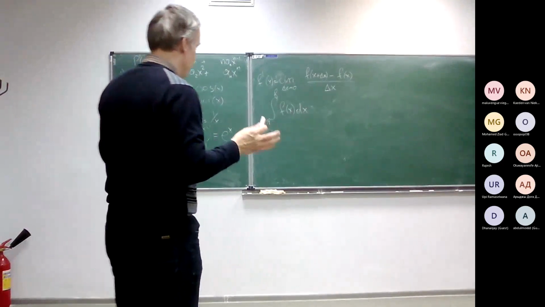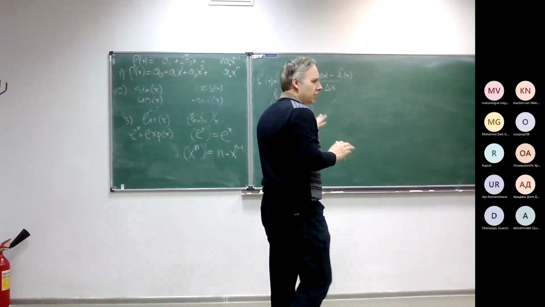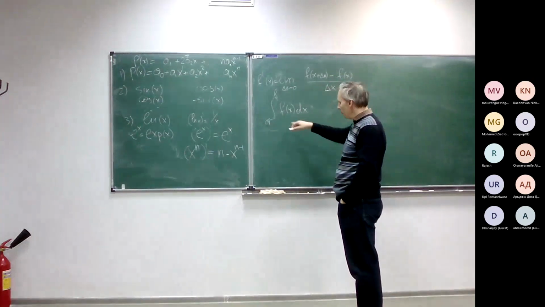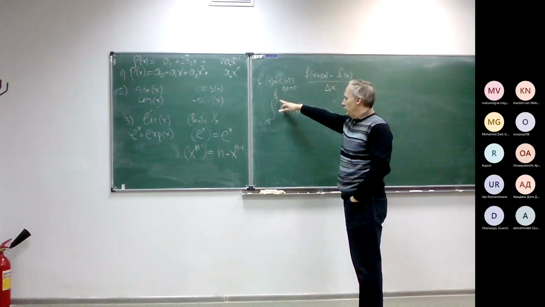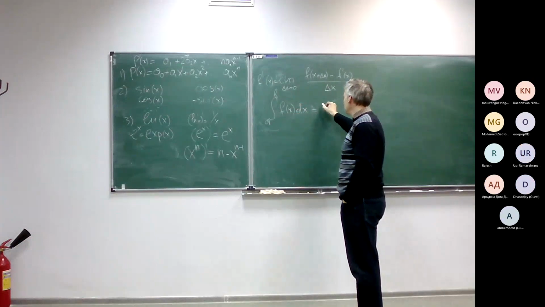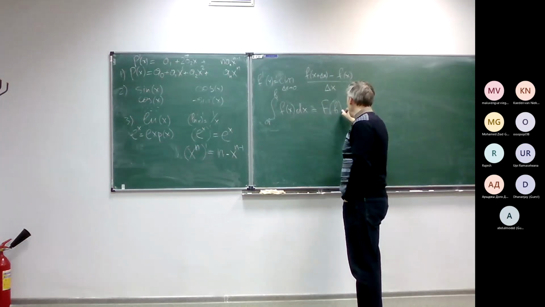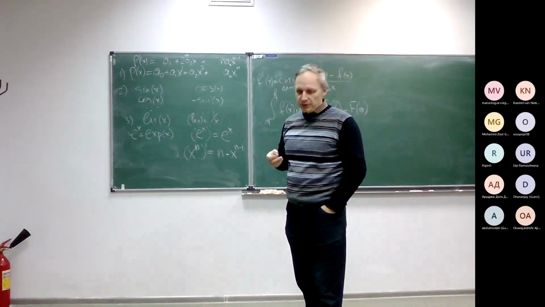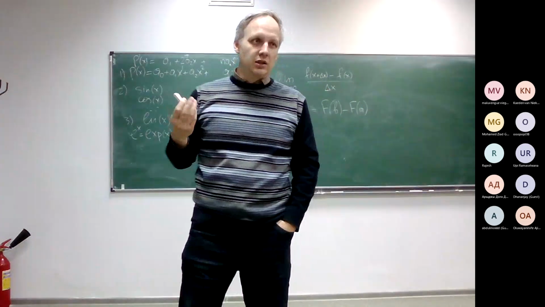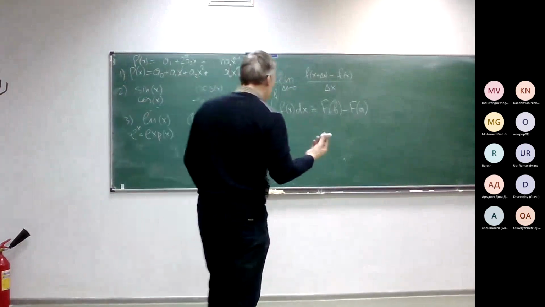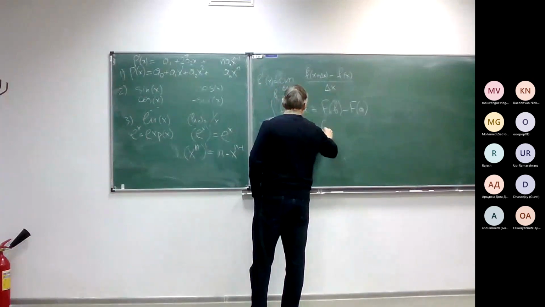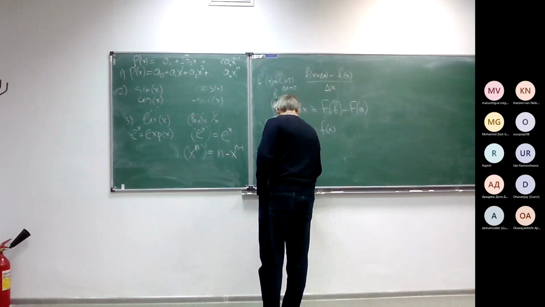And here I just write a final result: the integral from a to b of f of x dx equals F of b minus F of a, where capital F of x is the so-called antiderivative, such a function that F prime of x equals f of x.